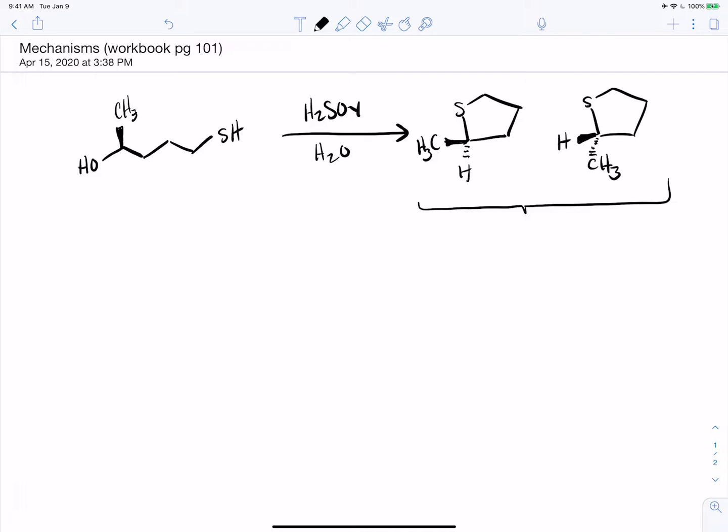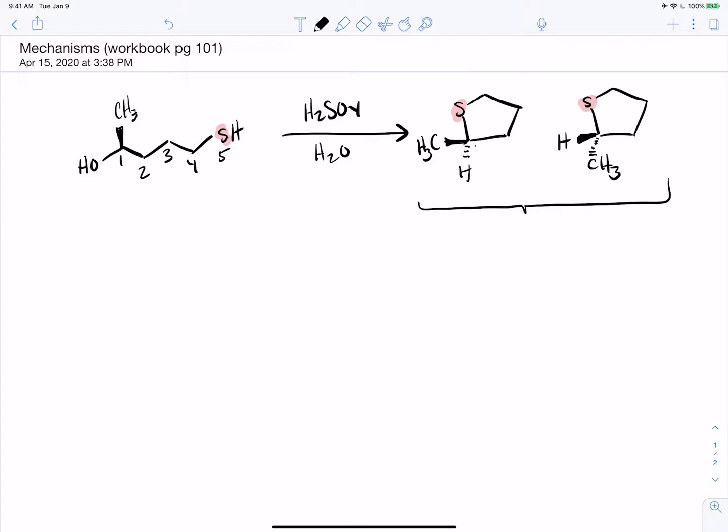And the other thing, and this is probably less obvious to you, is that this, let's number this. So we've got 1, 2, 3, 4. And I'm going to number the sulfur as well, even though I typically leave the heteroatoms out. We're going to call that 5. And so you'll notice that we've got sulfurs there.